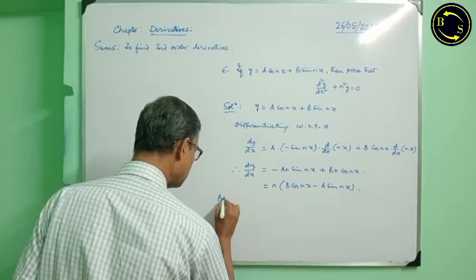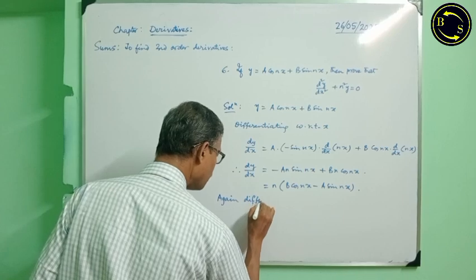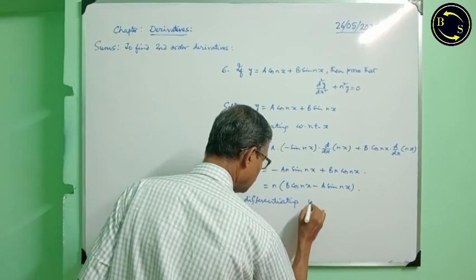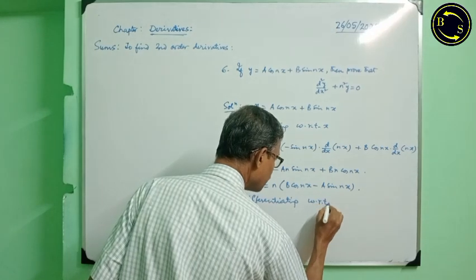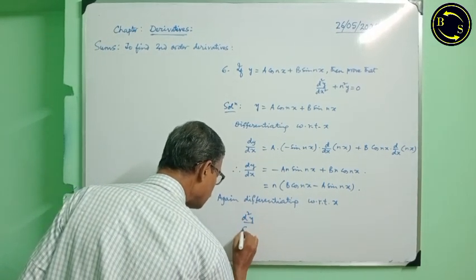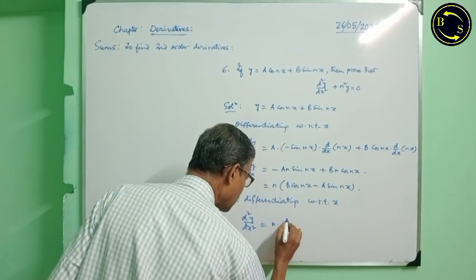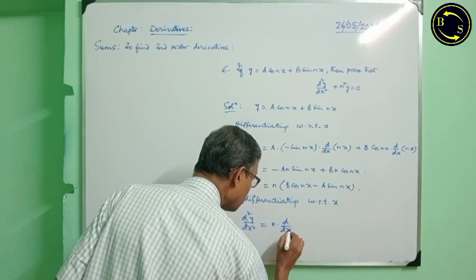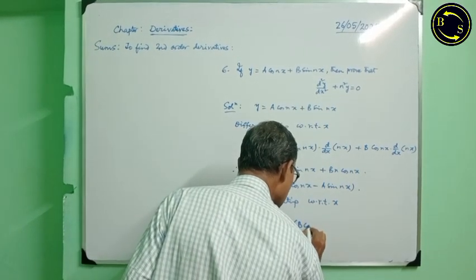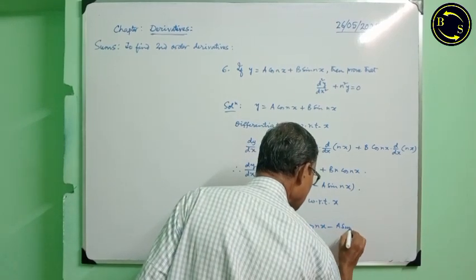Again differentiating with respect to x, the left side is d²y/dx². n is constant, therefore n into the derivative of the expression b cos nx minus a sin nx.